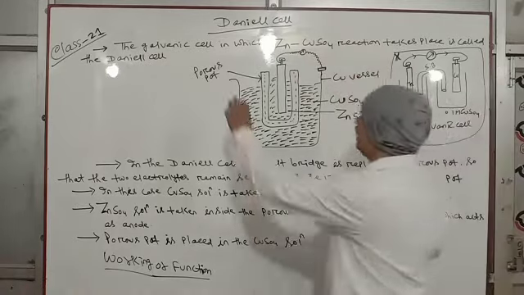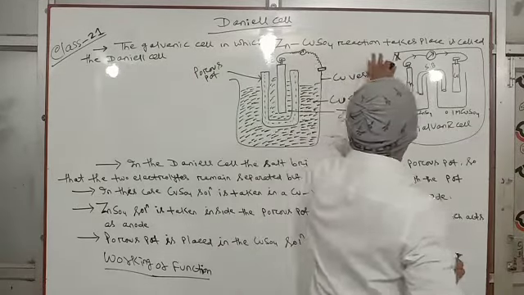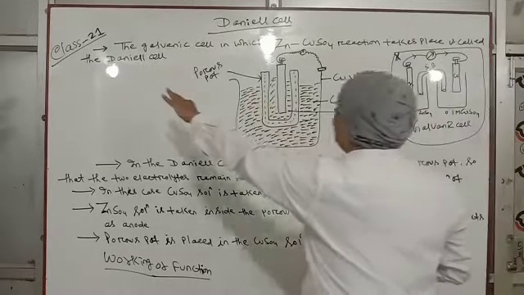First point: the galvanic cell in which the zinc copper sulfate reaction takes place is called the Daniel cell.